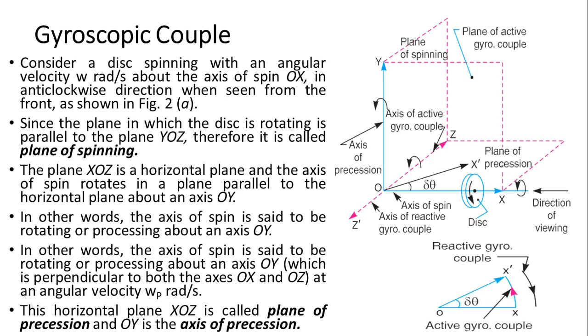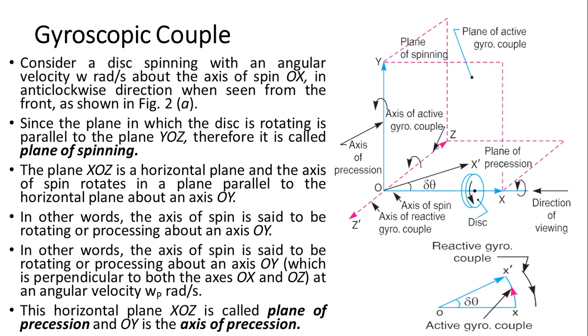The plane in which the disk is rotating is parallel to the plane YOZ, so it is called the plane of spinning. The axis will be OX and the plane of spinning will be YOZ.